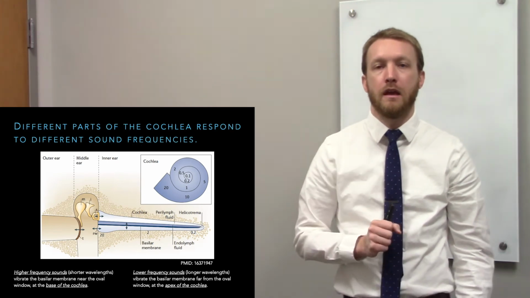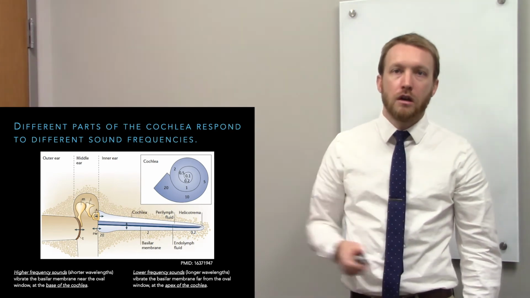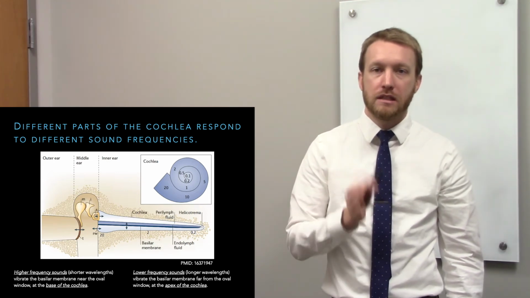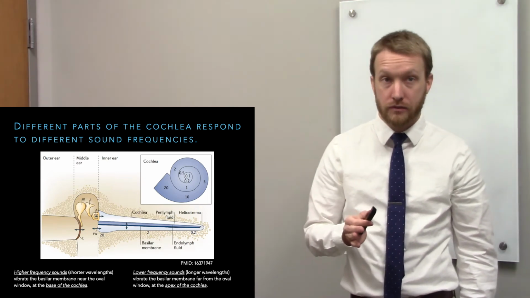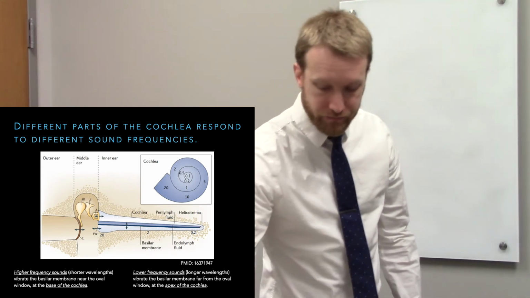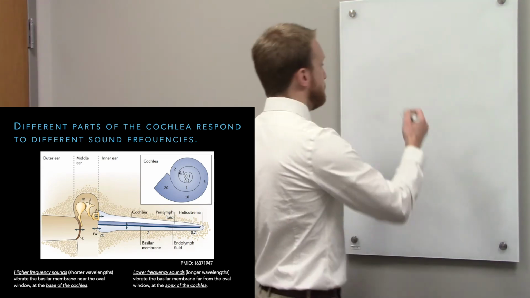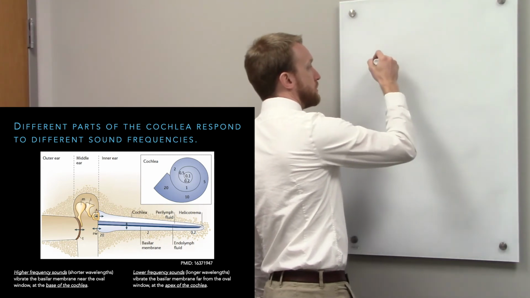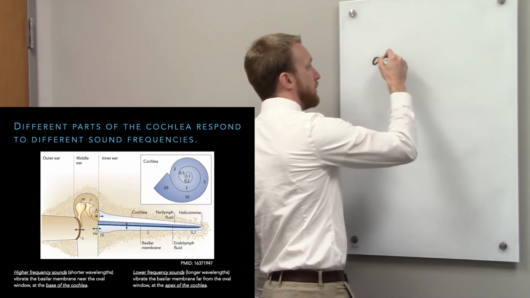We don't want that. Now if you look along different portions of the cochlea, you'll find that it's going to be sensitive to different frequencies of sound. So when you're near the oval window, those fibers of the basilar membrane are much shorter. Here's my oval window.